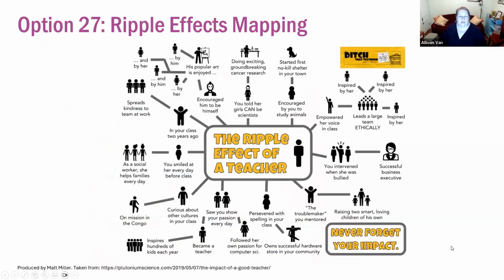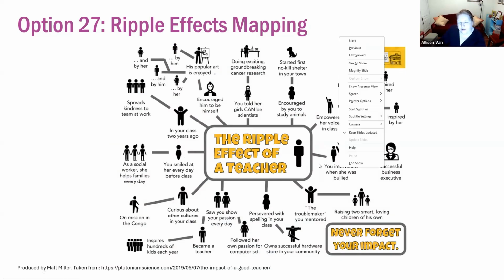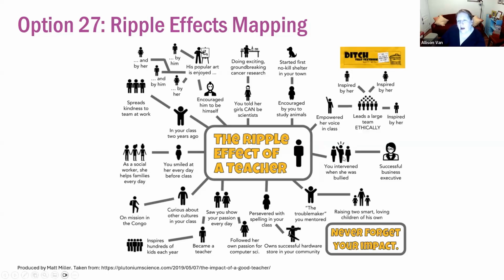A subset of this is what's called a ripple effects map. The idea of a ripple effects map is that you are looking either from direct interventions to other people or other situations that are affected by the direct interventions, and or from direct interventions to things that happened later in time. Ripple effects are a really good way of looking at indirect effects.